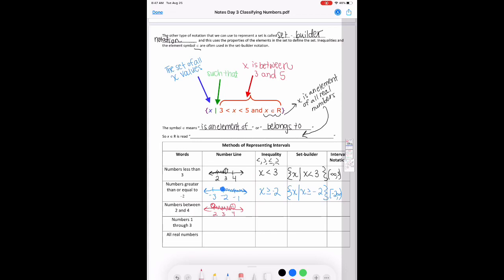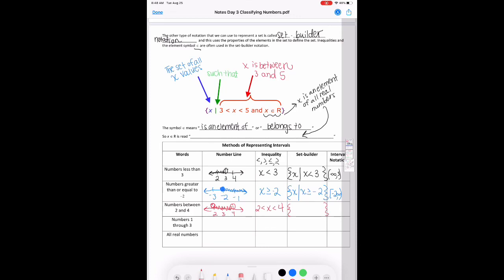That means x must be greater than 2 but less than 4, and we're not saying "or equal to."